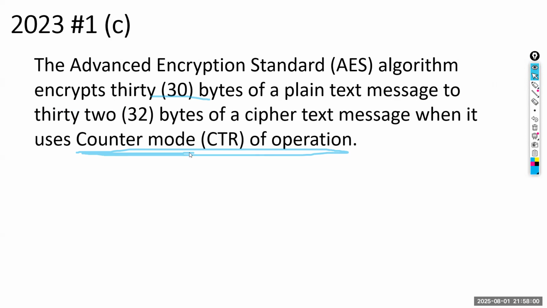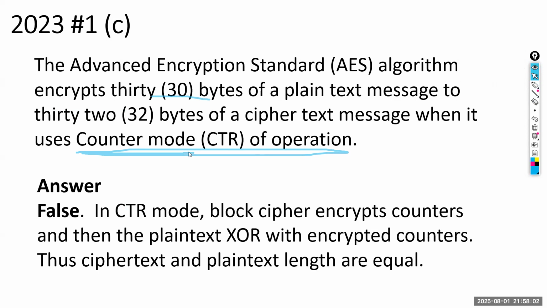So you need to say false and explain how the counter mode works. It just XORs the plain text block with your counter or counter plus nonce. So if your plain text block is 1 byte, the ciphertext is also 1 byte for that block. This happens for each block. So for 30 bytes of plain text, you get 30 bytes of ciphertext.